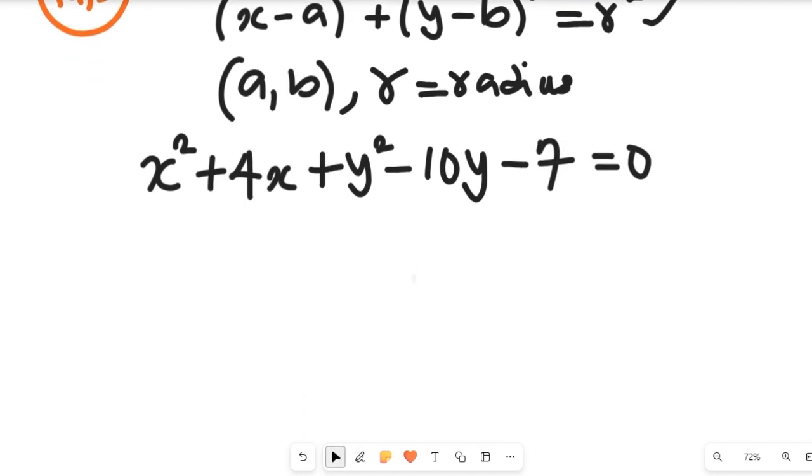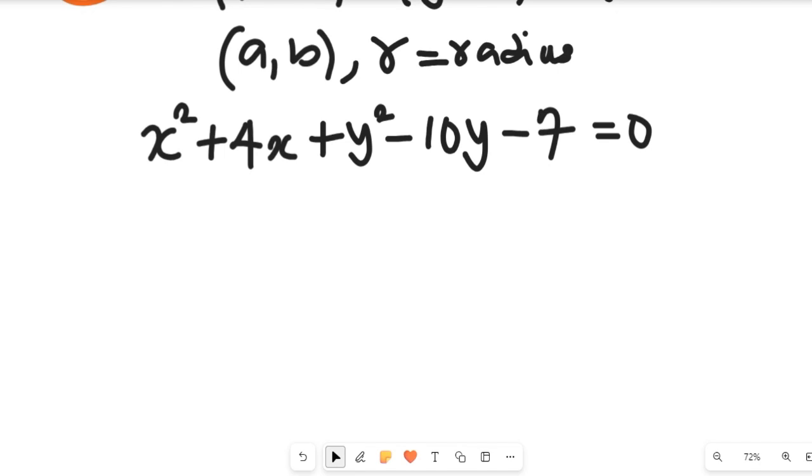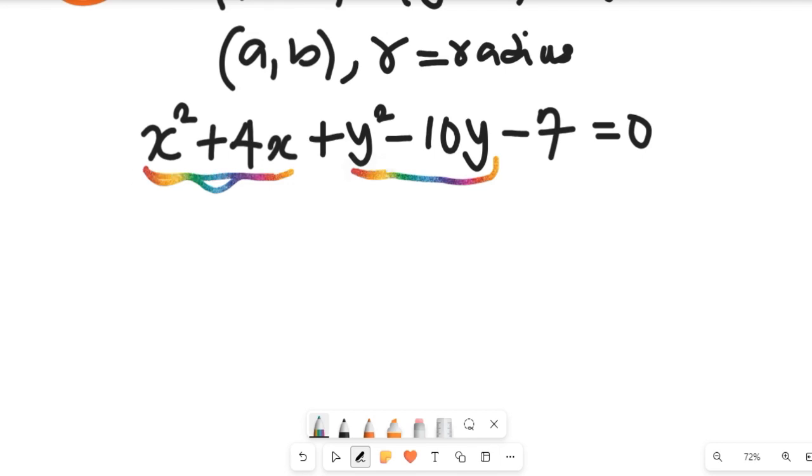So from this expression, you can see that we can easily treat this in isolation and also treat this in isolation. Then we're going to complete the square of this and also complete the square of this, and when we do that, we're going to find the value of the center and the radius.